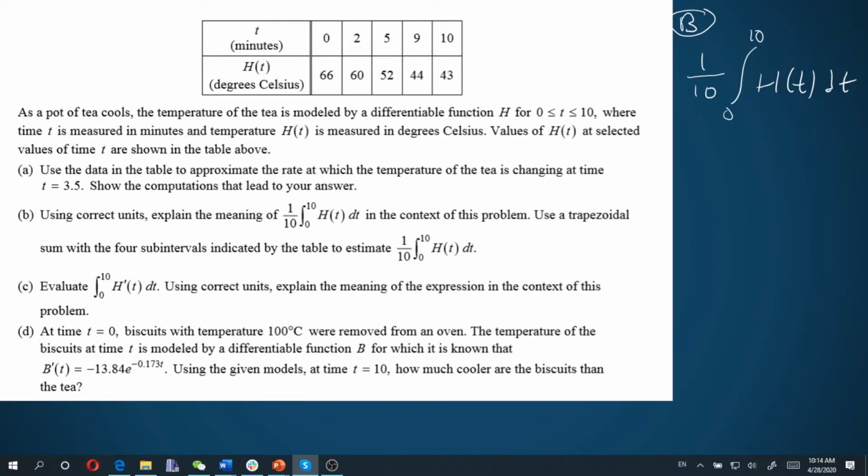So you said it'll be the mean? You're right, this is the average temperature over the 10-minute interval.